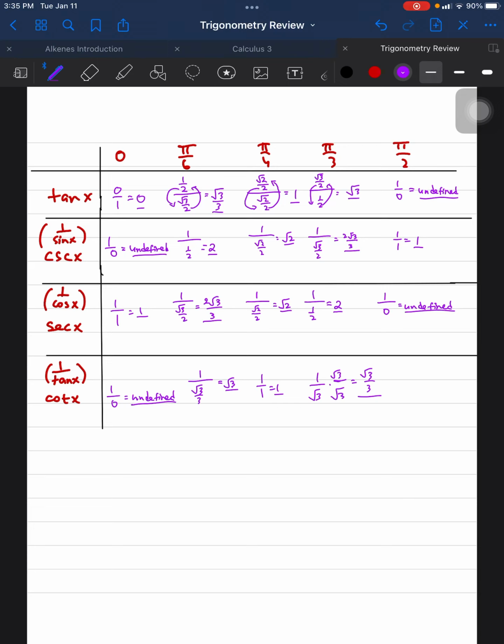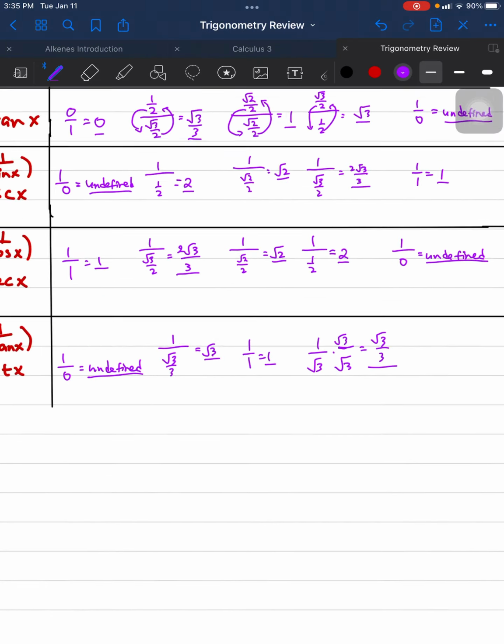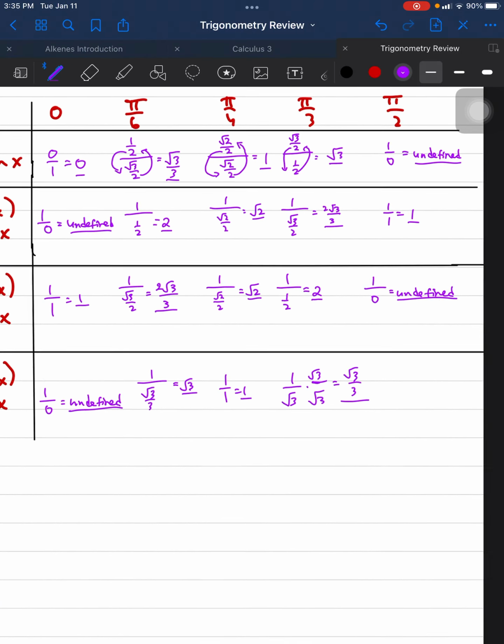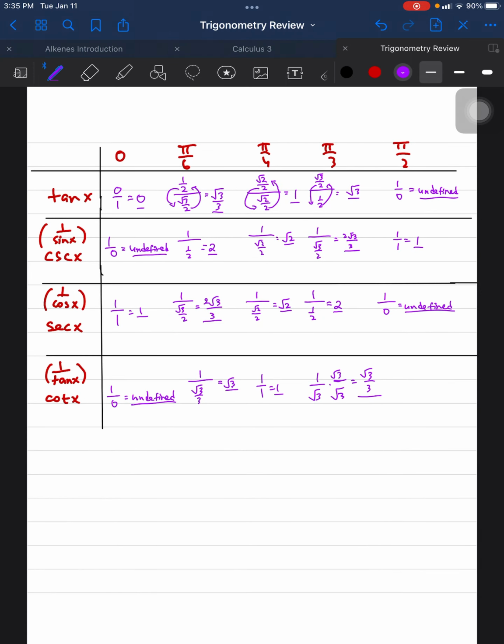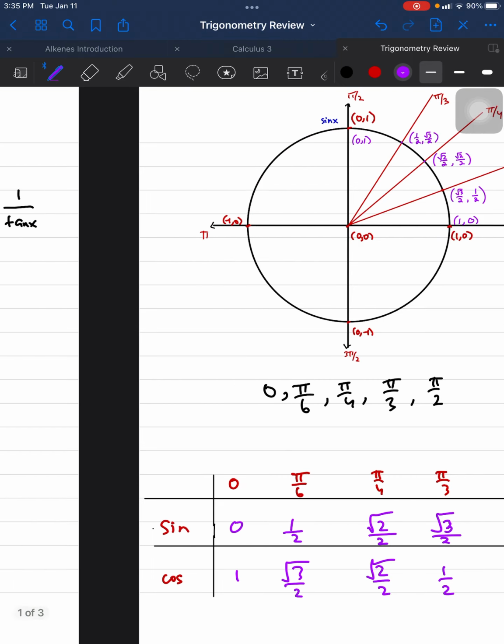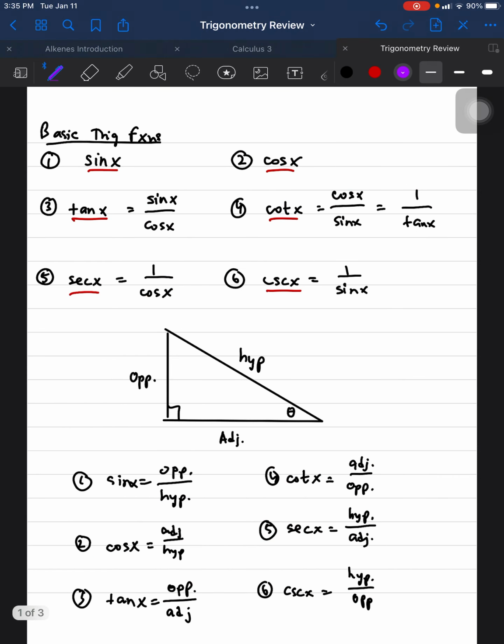And tangent at pi over 2 is undefined. It's undefined. So for pi over 2, we're going to have to use the other way to find the values for cotangent, which is cosine of x over sine x.